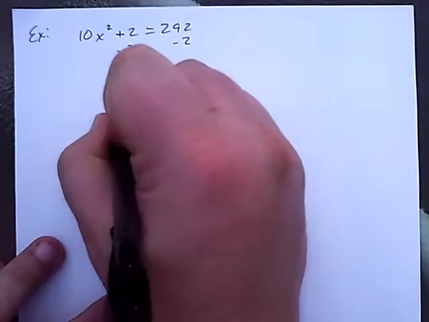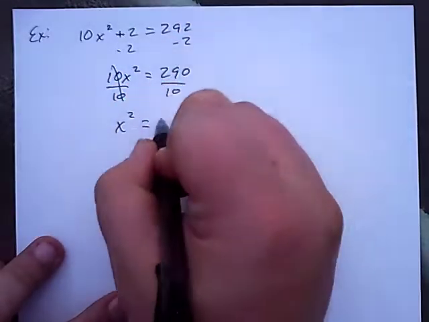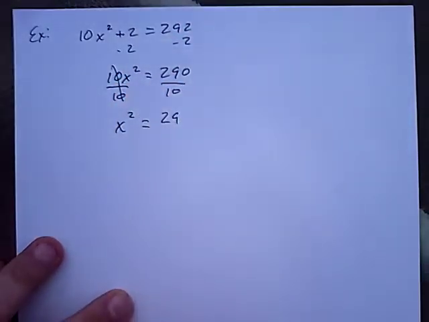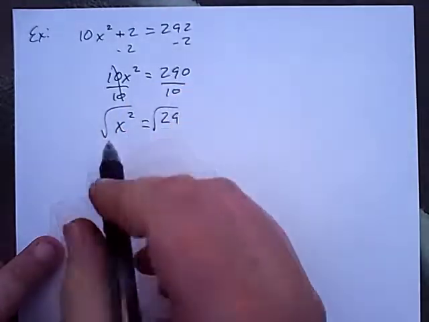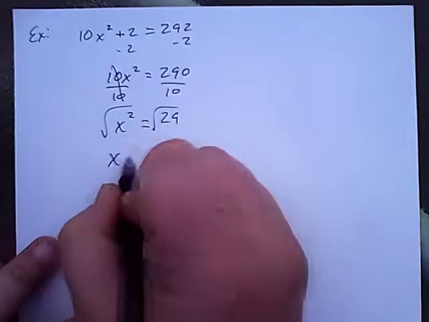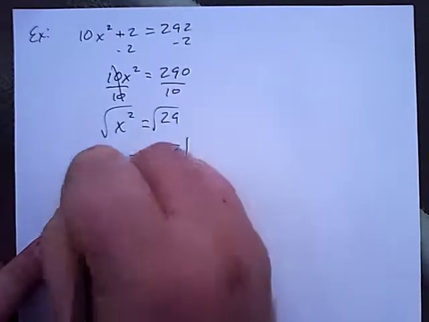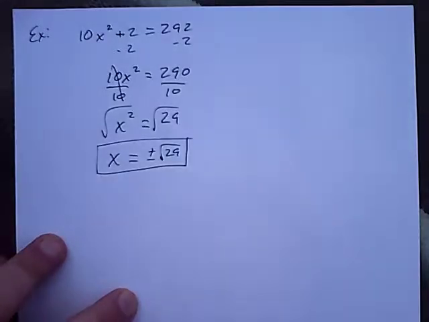Divide by 10, and now x squared equals 29. Since x squared is by itself, I take the square root of both sides, and I get x equals plus or minus the square root of 29. And I'm done. That's as far as I need to take it.